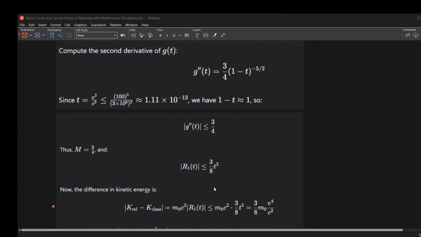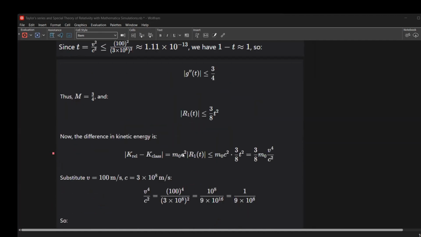So now the difference in kinetic energy is given by this, by substitution. The first remainder times the rest mass. By substitution, 3 over 8 t squared equals 3 over 8 of the rest mass times v to the fourth, where v is the speed of the moving object, to the fourth power, over the square of the speed of light.